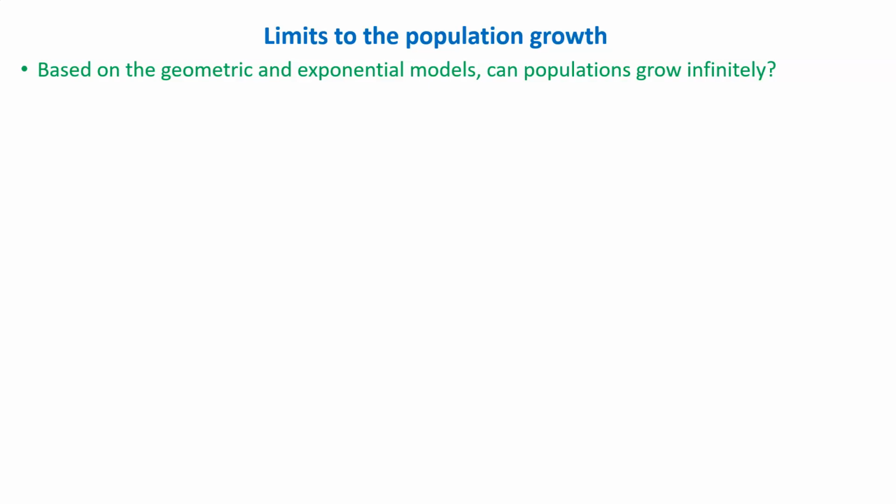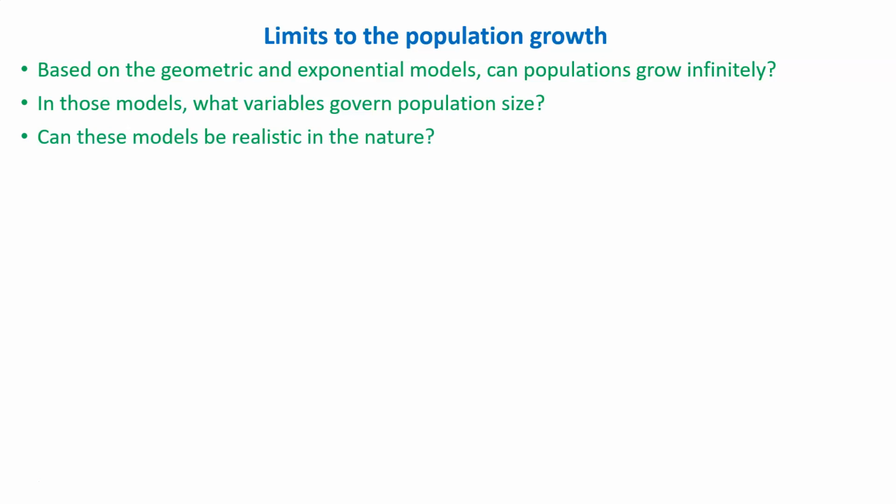If you're looking at the J-shaped curve, you might ask the question, wait, can the population grow into infinite numbers, particularly since the upper end of the J shoots all the way to very large numbers? Well, theoretically it seems like it can, but does it really go that way? In the two models we studied so far, what variables actually govern the population size?